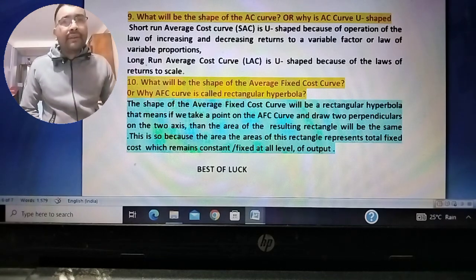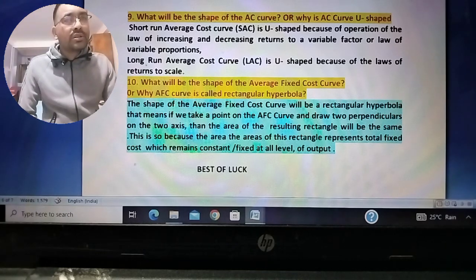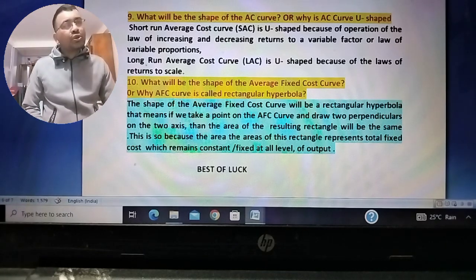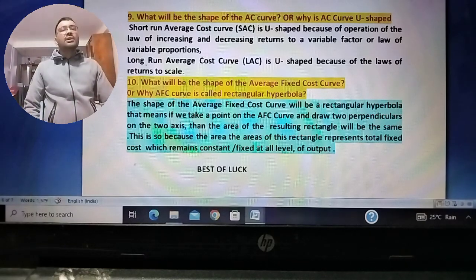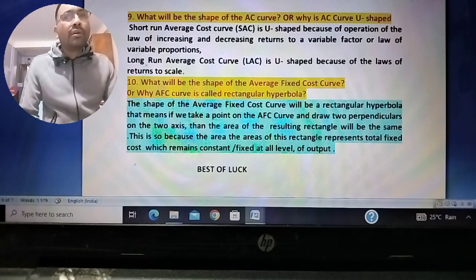So short-run average cost is U-shaped because of the operation of the law of variable proportions. Long-run average cost is also U-shaped, but not due to the law of variable proportions, but because of the law of returns to scale. Okay.